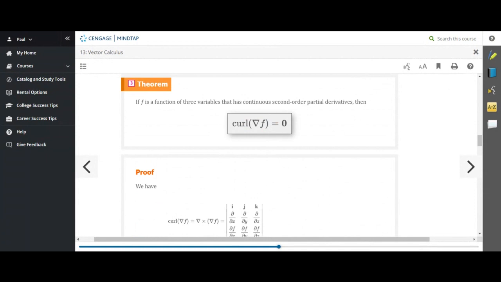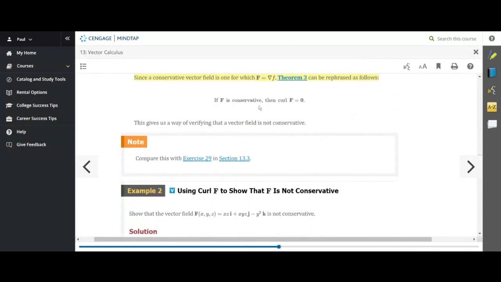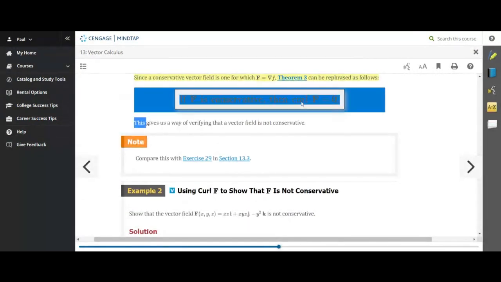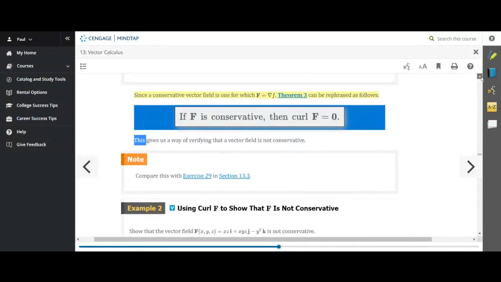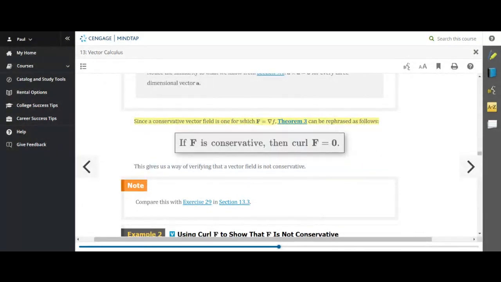So if the curl of a vector field is equal to the zero vector, then that vector field has to be equal to the gradient of some function. This gives us a way of verifying whether a vector field is conservative or not.